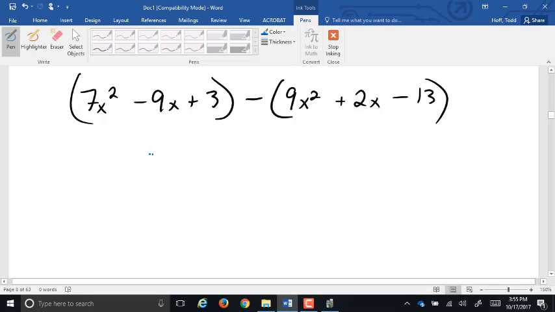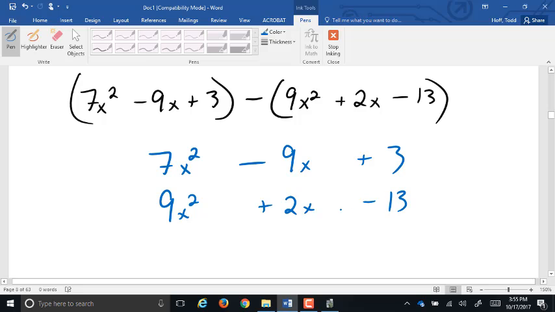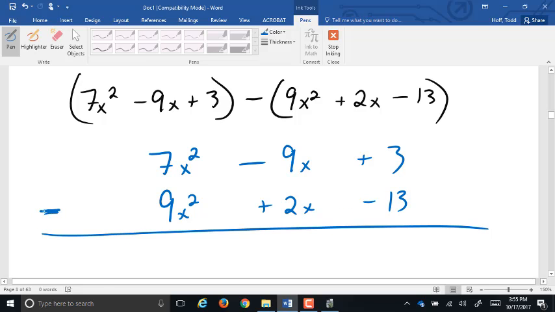So we go to line this up. 7x squared minus 9x plus 3. 9x squared plus 2x minus 13. But now we are subtracting down each column.